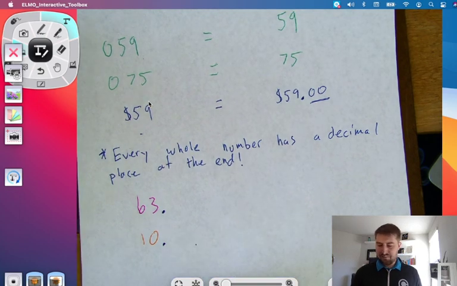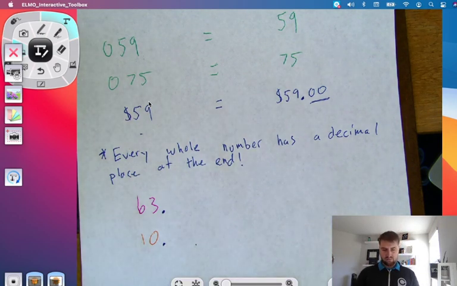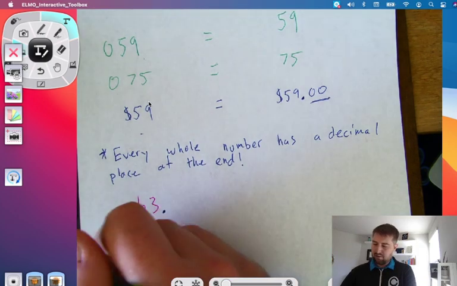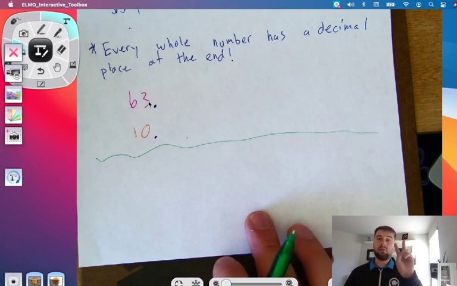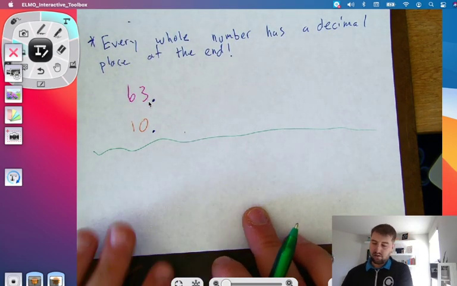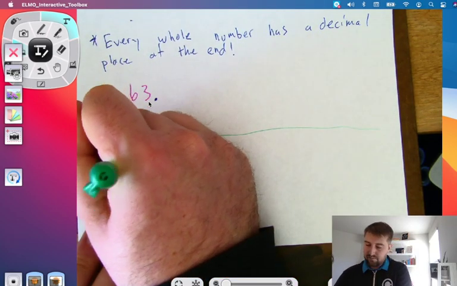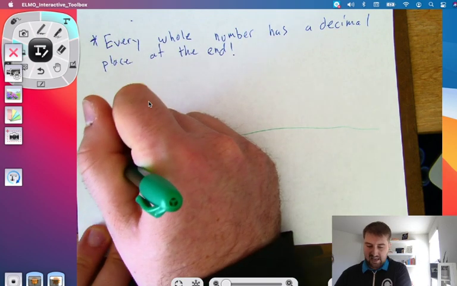So let's compare some decimals. We're going to compare 2 decimals. And I'm going to draw a little squiggly line here again, as we get down into our 2 steps. The first step is to line up the decimal place.